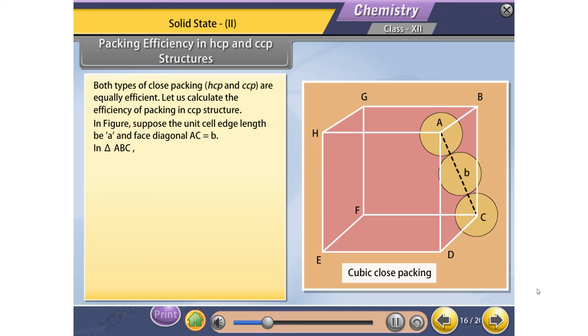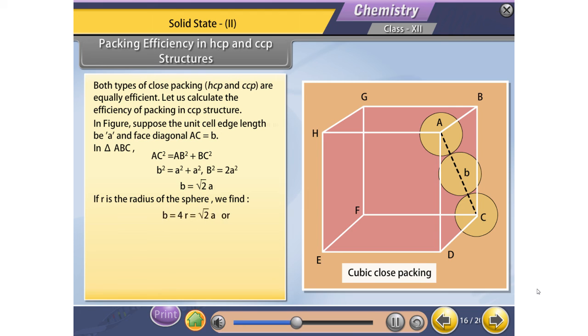In triangle ABC, AC² = AB² + BC², or b² = a² + a², which is equal to 2a², or b is equal to √2 a. If r is the radius of the sphere, we find b is equal to 4r, which equals √2 a, or a is equal to 4r/√2, which is equal to 2√2 r.